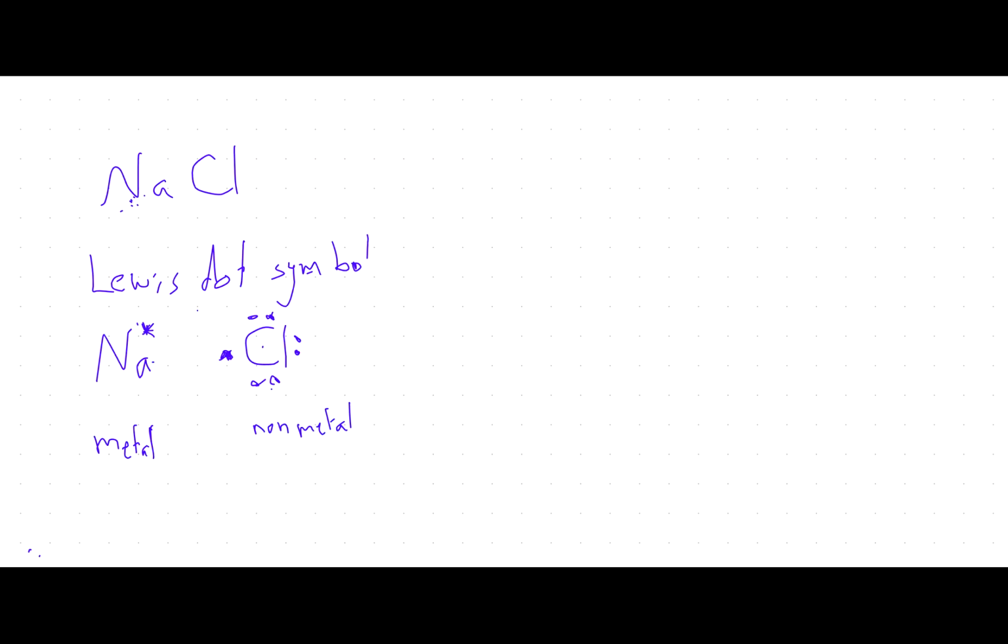Metals usually transfer electrons to non-metals. They don't share. They don't know how to share. They want to get rid of what they have and get rest. So they transfer electrons. Do you see the arrow? This is transferring. If we have sharing, we make it like this. So this is a transfer of electrons.